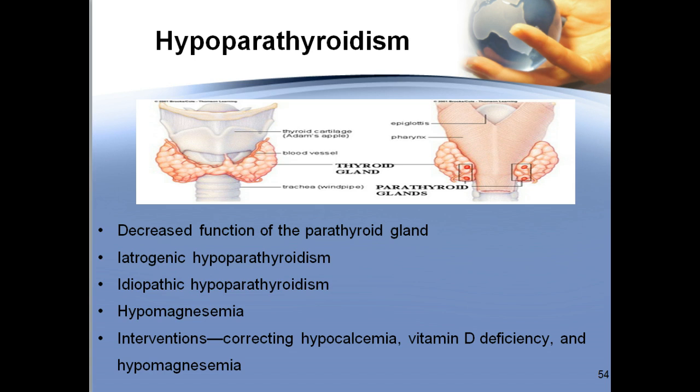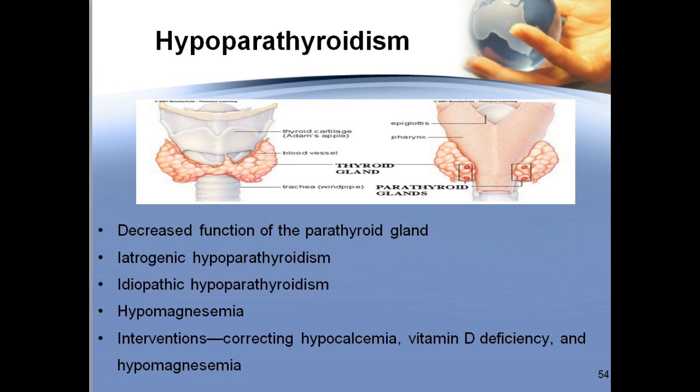Then idiopathic hypoparathyroidism can occur spontaneously. The exact cause is really kind of unknown. They say that it could be an autoimmune disorder. And then lastly, hypomagnesemia may cause hypoparathyroidism.